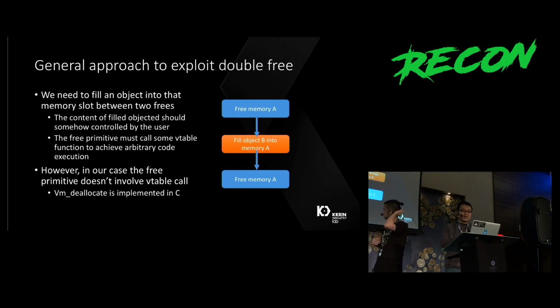The best case is that the free primitive involves some vtable call, so that after memory A is freed, you insert object B where every byte of that object can be controlled. And then you free it again, and the second free involves some vtable operation, so its vtable has already been changed to your controlled value and you can get code execution.